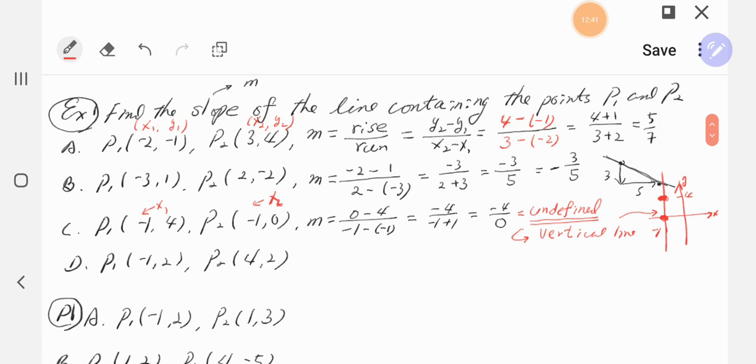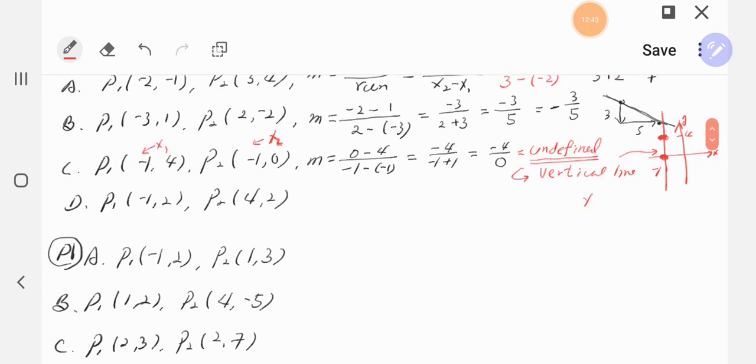Okay. Let me write it over here. Very important. Vertical line, or same x coordinates. So can I just write x1, x2? x1 and x2 are the same, right?